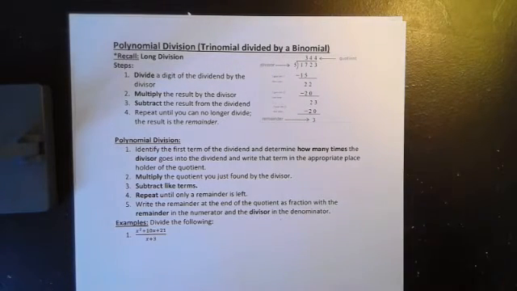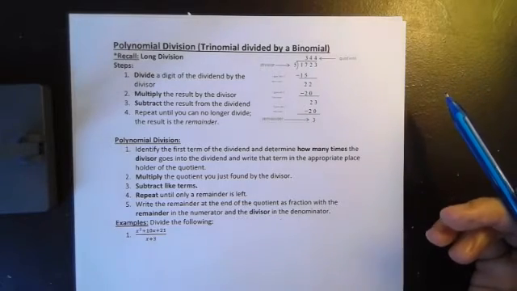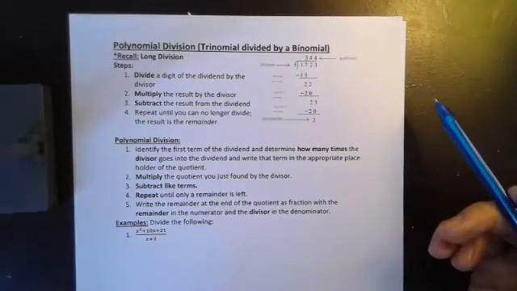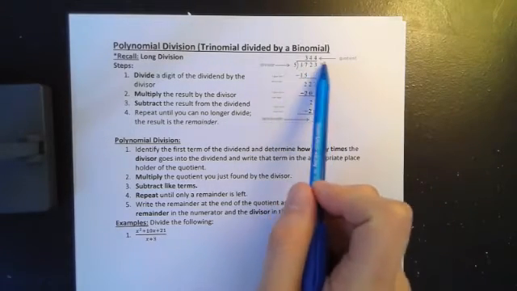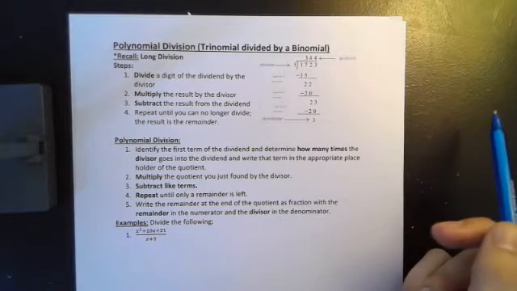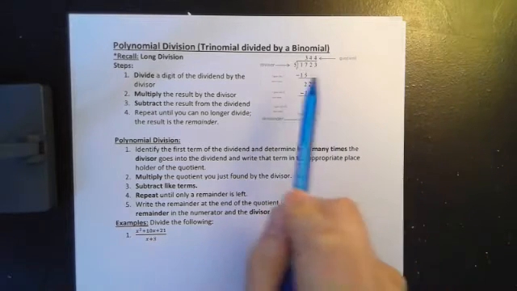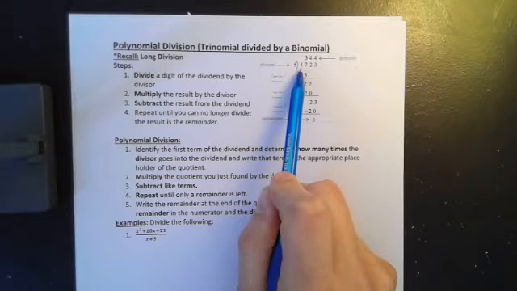Now, I just want to refresh your memory on long division. When you're performing long division, you're taking your dividend and dividing that by your divisor. You look to see how many times the divisor goes into the highest term.